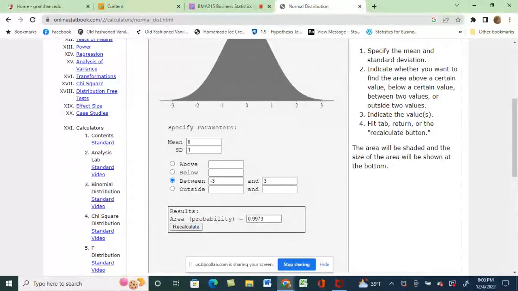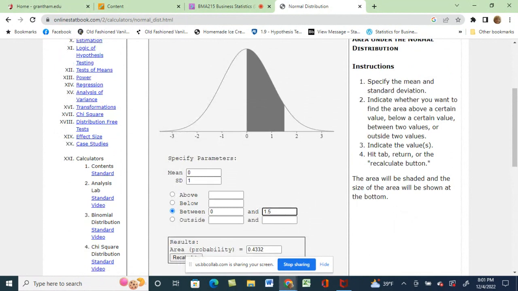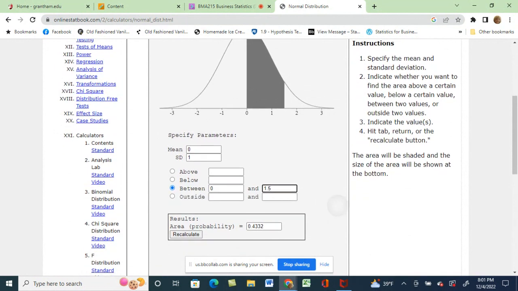So like what we were talking about in number 5, if we want the probability that the z-score is between 0 and 1.5, all we have to do is say the probability the z-score is between 0 and 1.5. Look at our picture. The z-score is right here, 1.5, and it's 43%, or 0.4332.